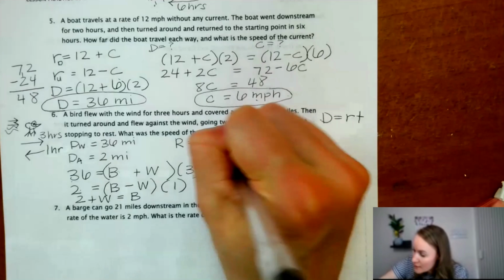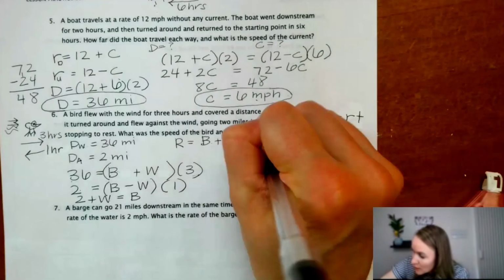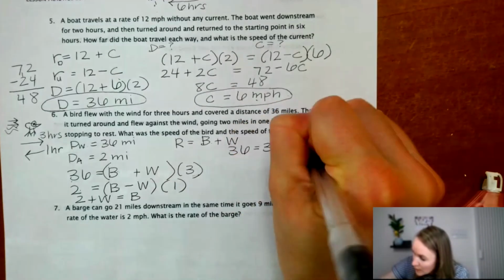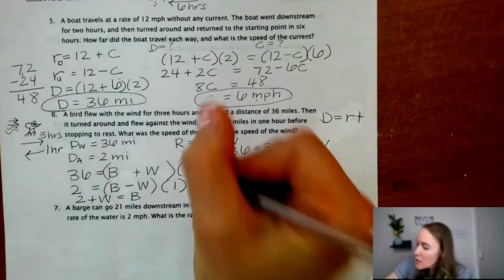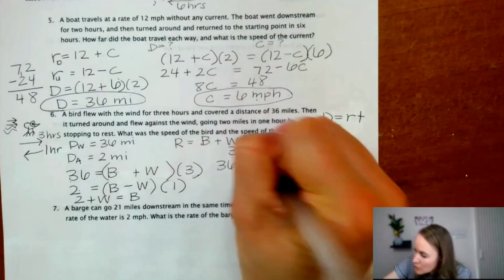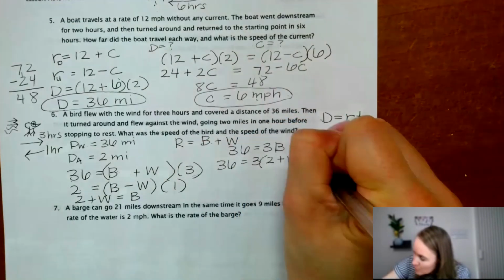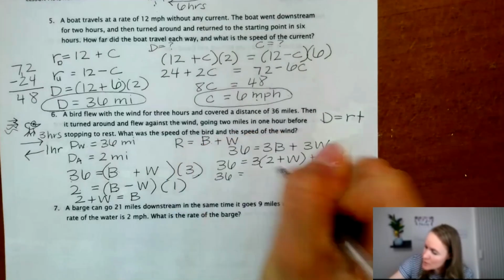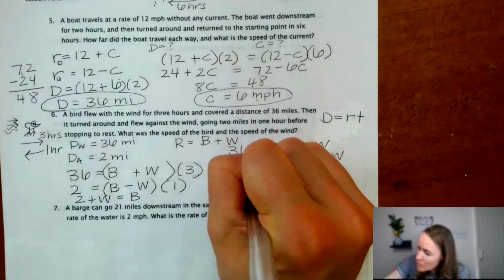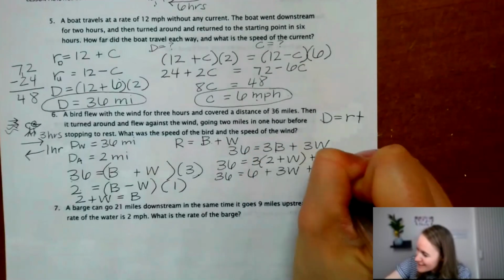So I have 36 equals, I've got to distribute this 3 first. 3B plus 3W. Now I can plug stuff in. 36 equals 3 times 2 plus W plus 3W. Now I can go 36 equals 3 times 2 is 6 plus 3W plus 3W.